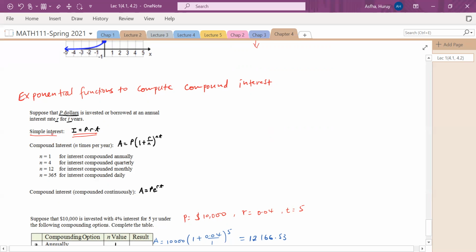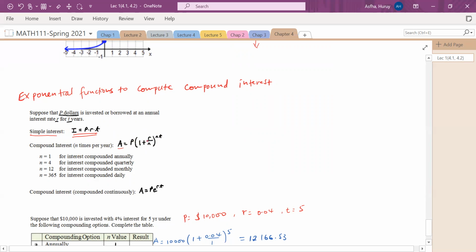But if the interest is compounded n times a year, then A becomes P times (1 plus R over N) to the power of N times T, where P is the principal amount borrowed or invested.